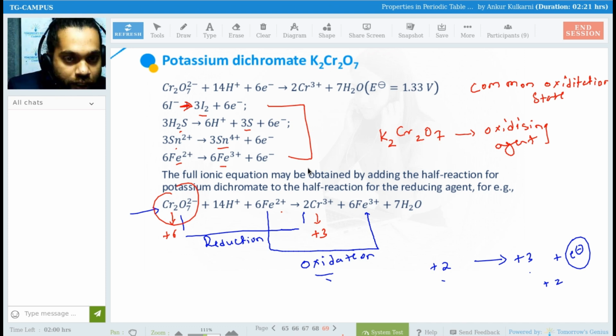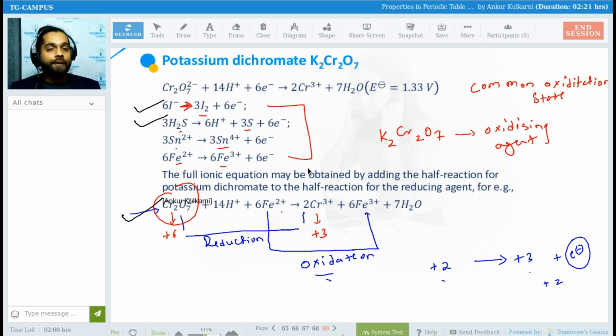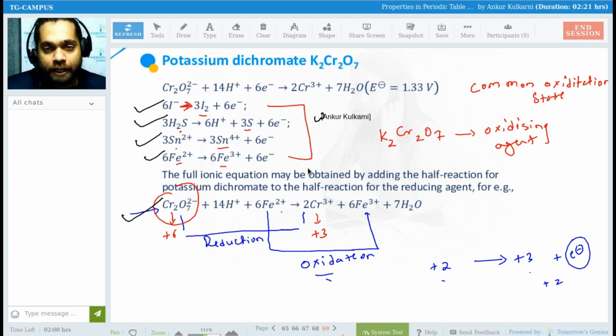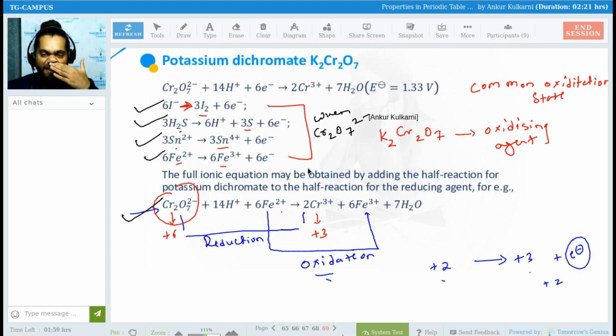Come on, write down these reactions. For I⁻, write down H₂S, and write down the Cr₂O₇²⁻. It's important. Write down all four reactions, mentioning what happens when you add Cr₂O₇²⁻.